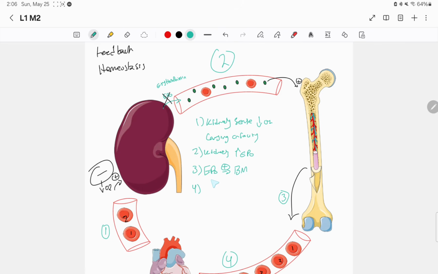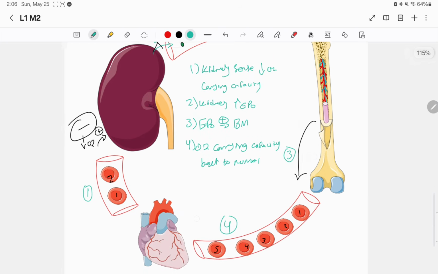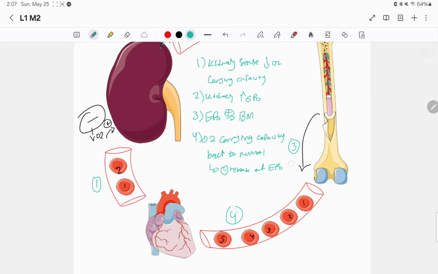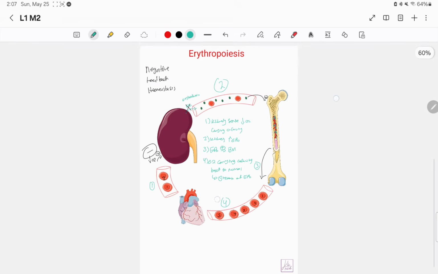And then 4, the O2 carrying capacity is back to normal. Back to normal. Which does what? Which actually inhibits release of EPO. Okay, and that's called a negative feedback loop.